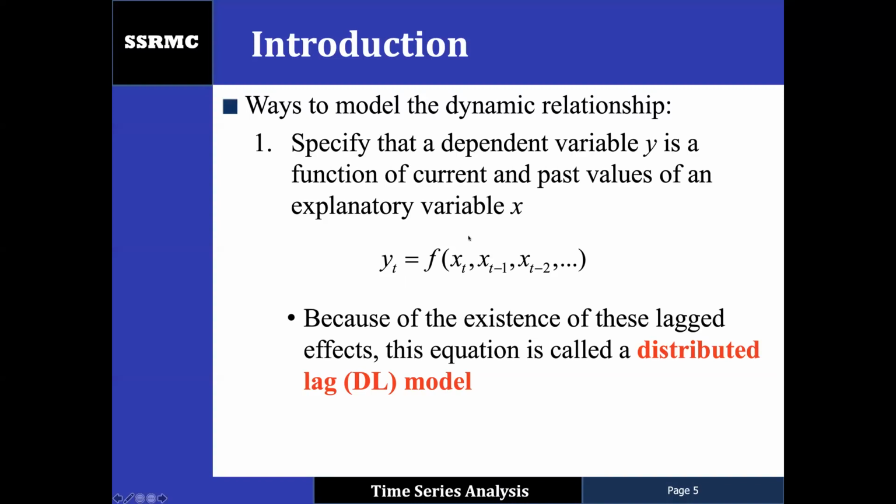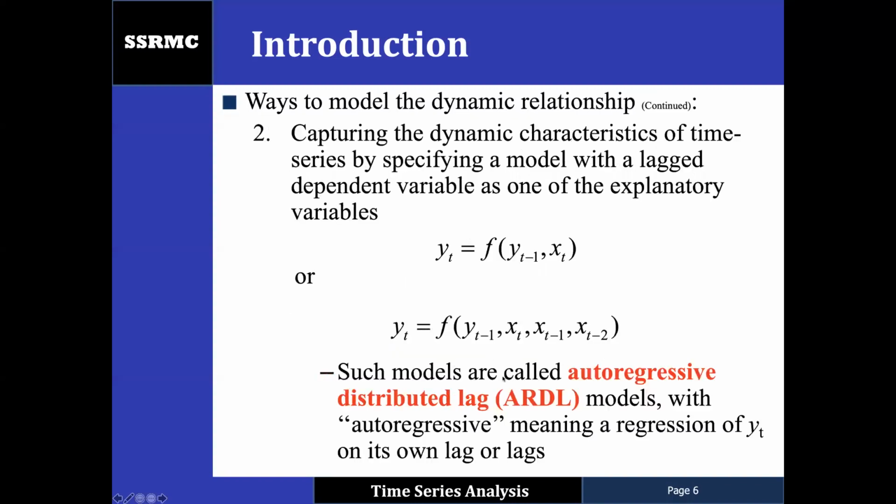However, sometimes you may have some missing variables, and you may find this model useful. You may notice that besides the lagged variables of x, the independent variable, you also have the lagged term of y, which means there might be something in y that is not captured by x, but you still want to take that into account.